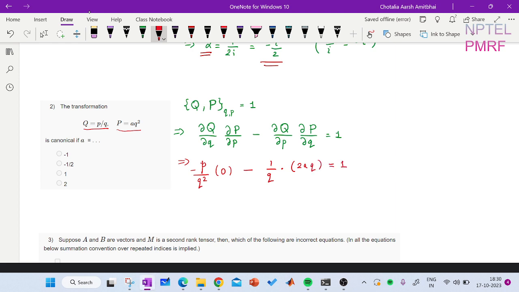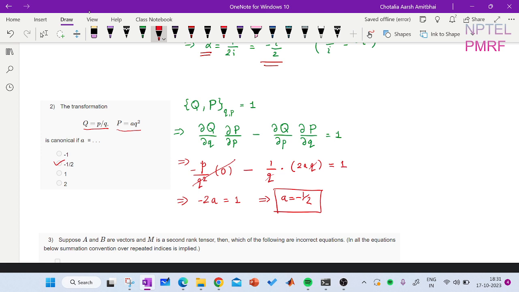And this whole thing should be equal to 1. So this is 0. The q's get cancelled. So you have 2a minus 2a... is equal to 1. So a is equal to minus half. Okay, so that's your answer.